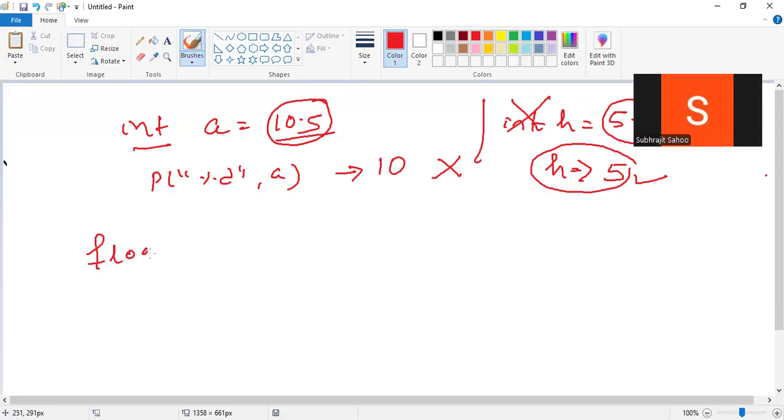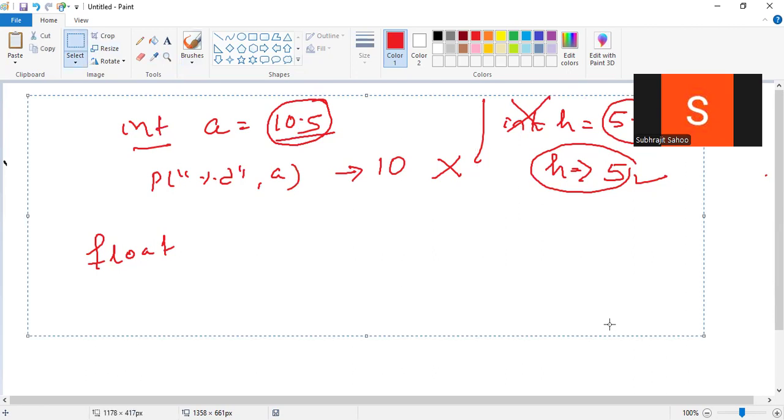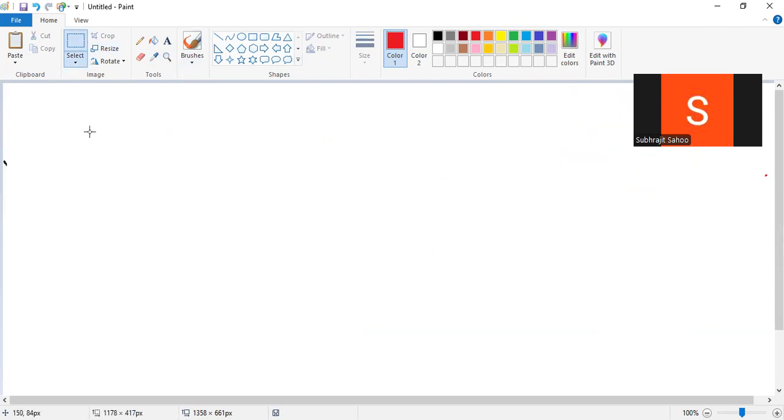The float data type came into the picture. In the float data type, we can store decimal values, floating point values. The storage capacity of float is 4 byte, nothing but 32 bit.